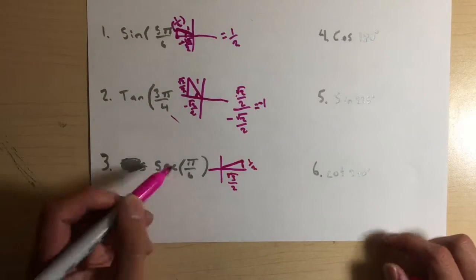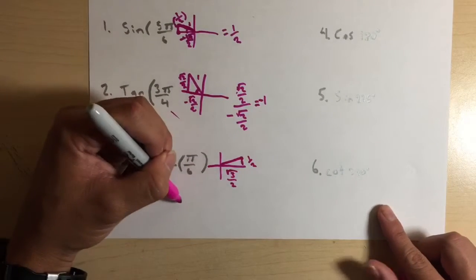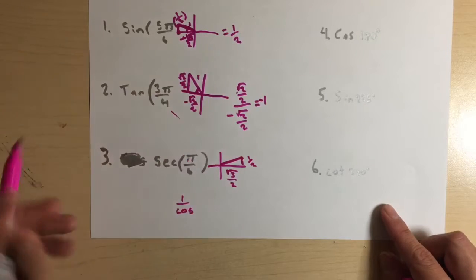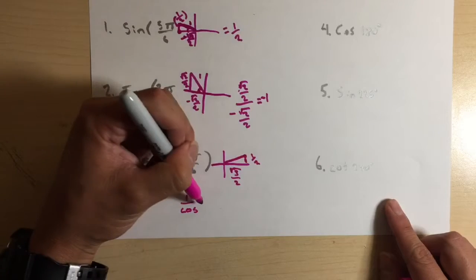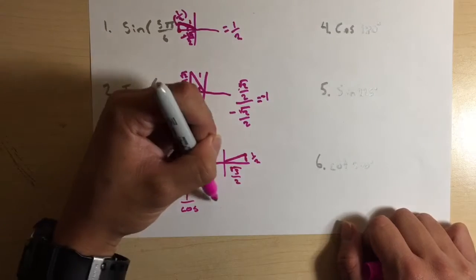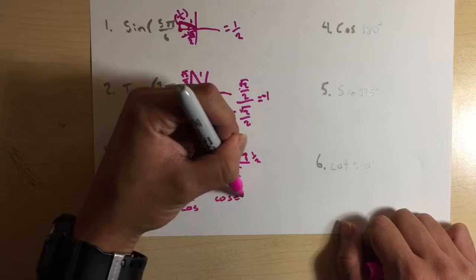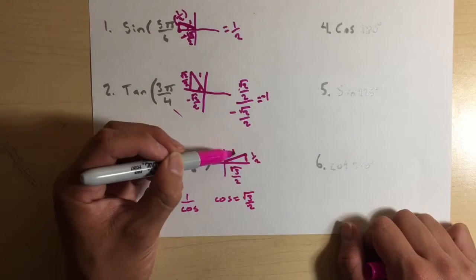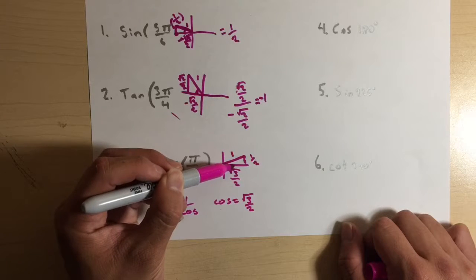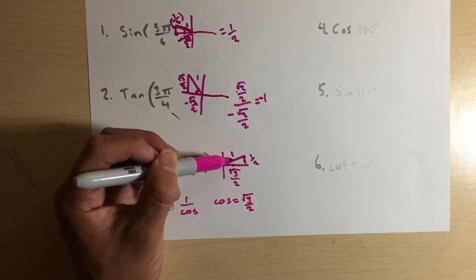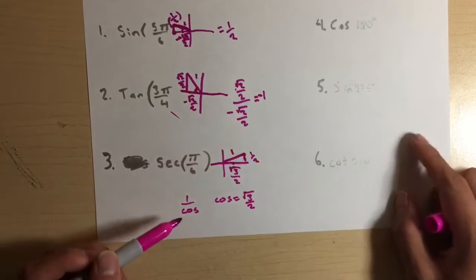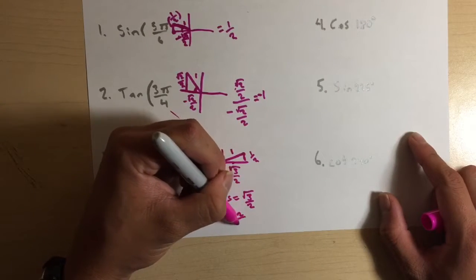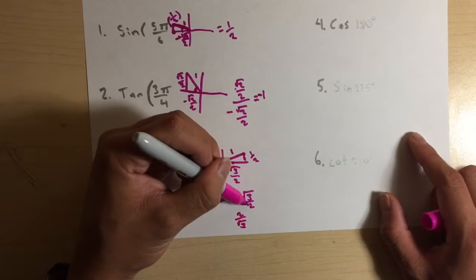So secant, we know is 1 over cosine. So if cosine equals rad 3 over 2, because adjacent over hypotenuse equals rad 3 over 2, then we know that 1 over cosine equals 2 over rad 3.